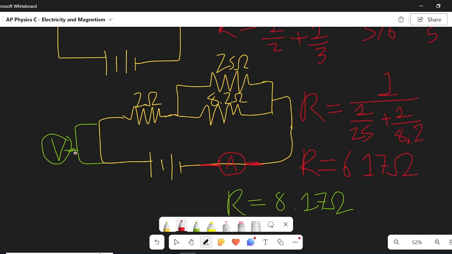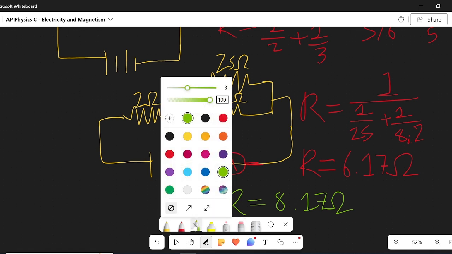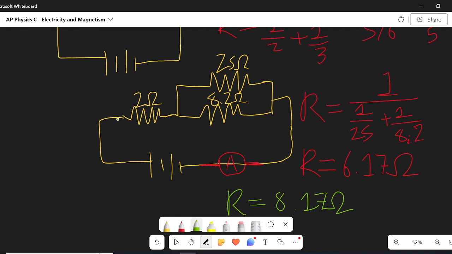So essentially, let's say we have a voltmeter across this resistor, like so, right? That voltmeter will measure the potential drop across that resistor.